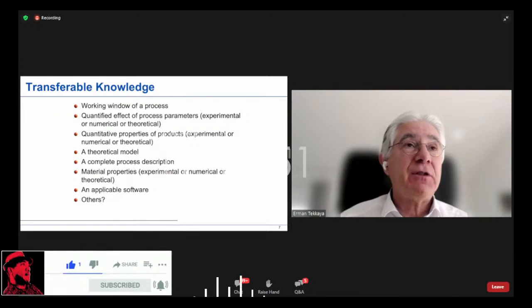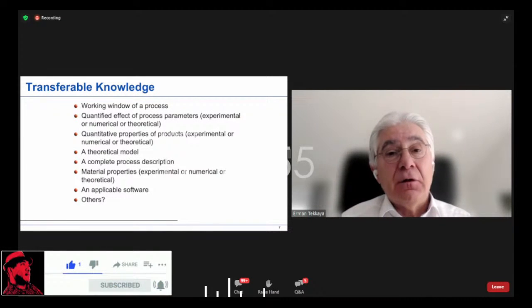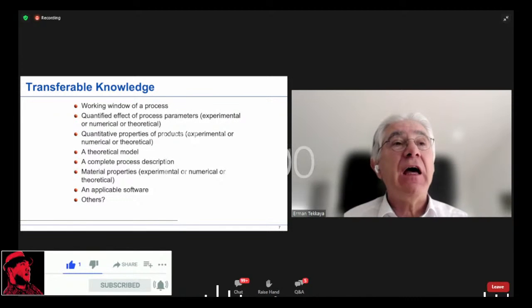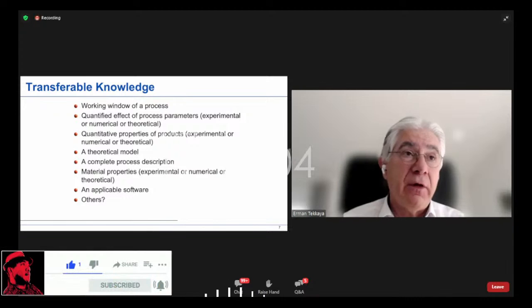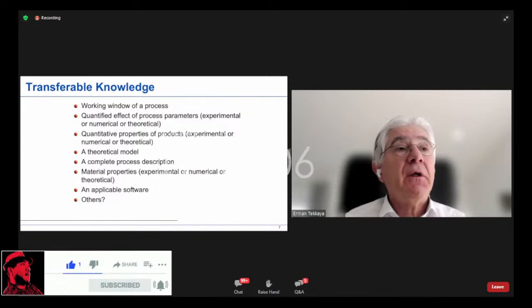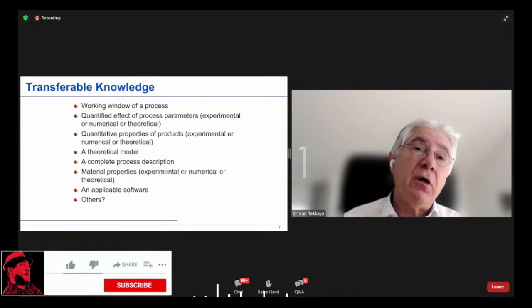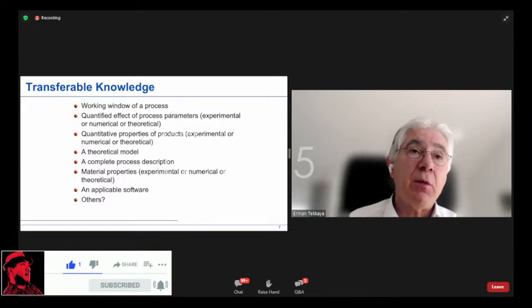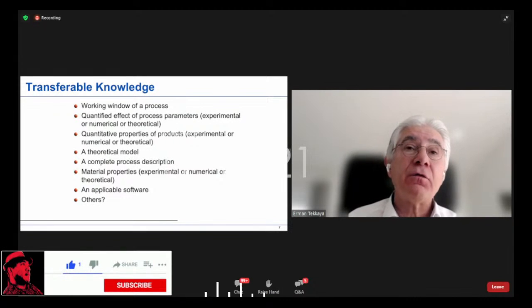If you establish a working window for a manufacturing process, you have provided a transferable knowledge. You can quantify effects of process parameters experimentally, theoretically, or numerically. Quantitative properties of products. You can develop methods by which you can determine quantitative properties of products after manufacturing. That can be also experimental or numerical or theoretical.